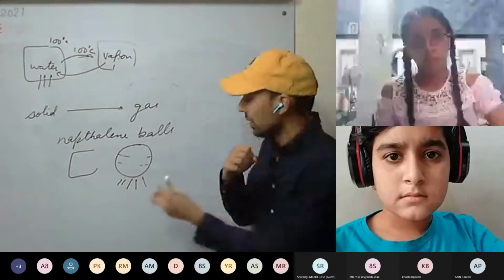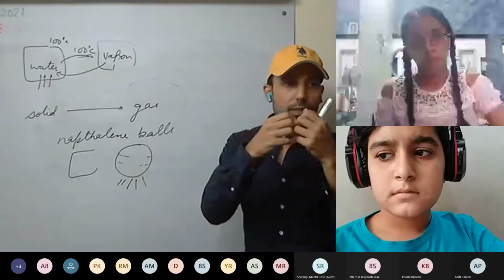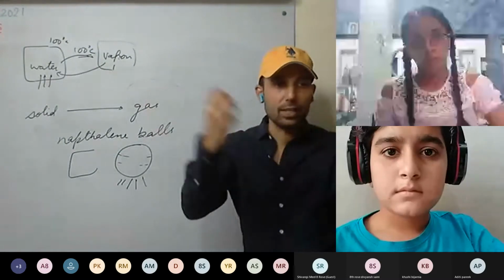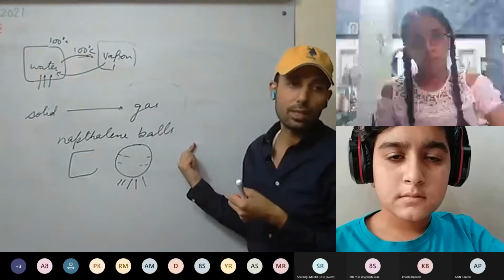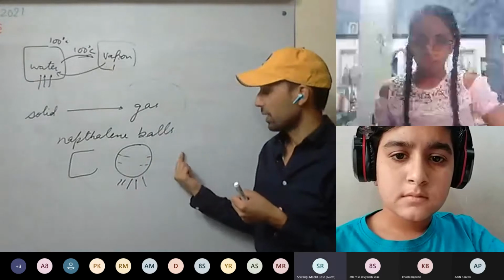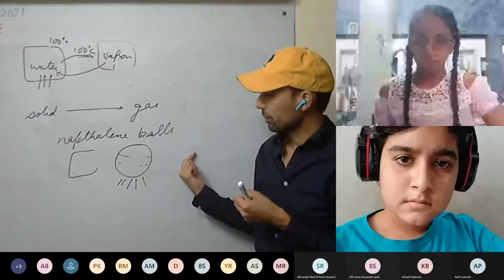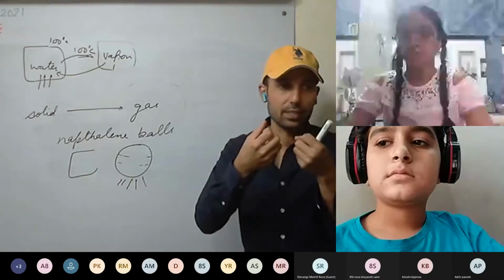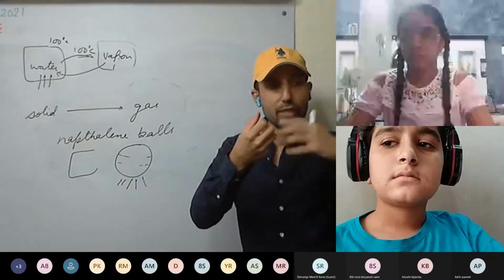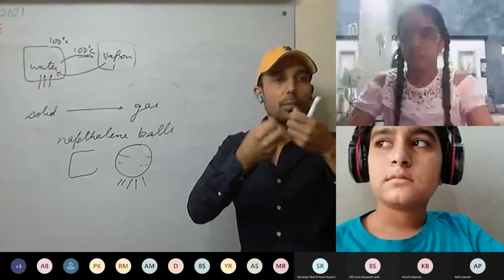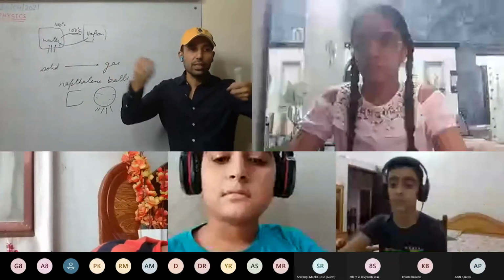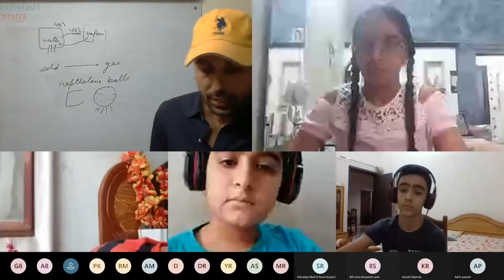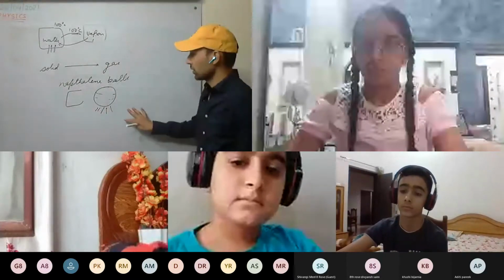That means even a small amount of heat it takes, the molecules' kinetic energy increases and they break away. They directly convert into vapor phase, gaseous phase. So even a small amount of heat it takes, the molecules break away, they become free and convert into gaseous state. This is the reason, we'll discuss more in kinetic theory, molecular theory.